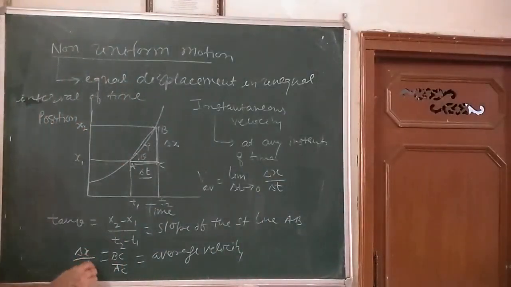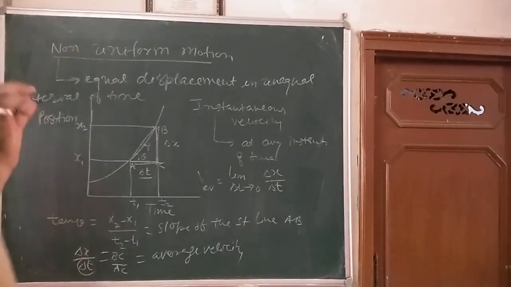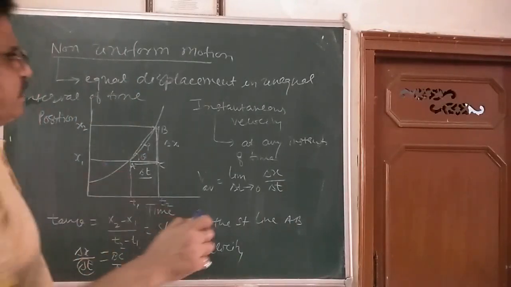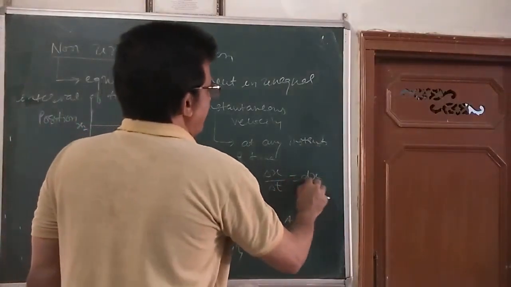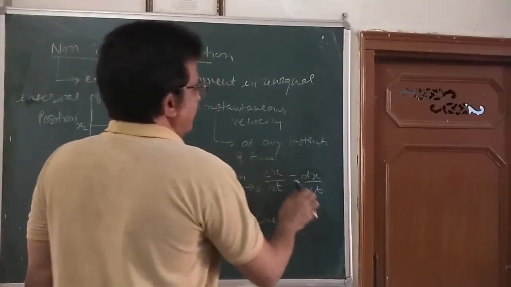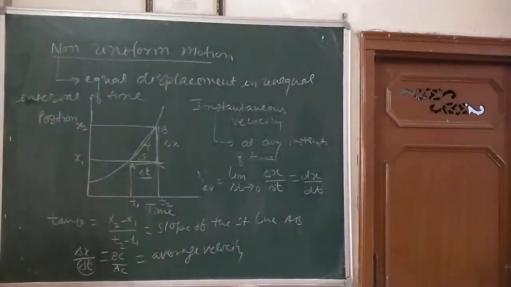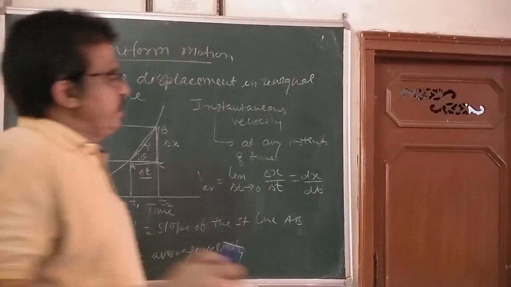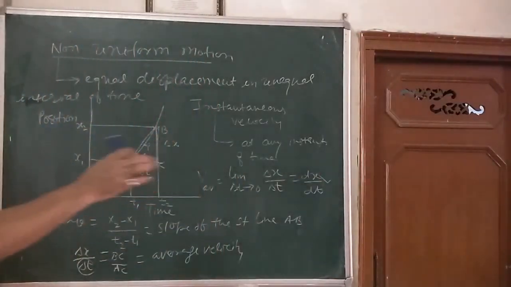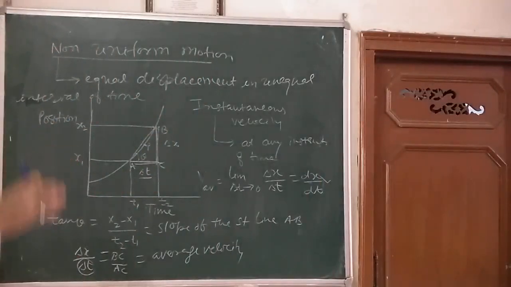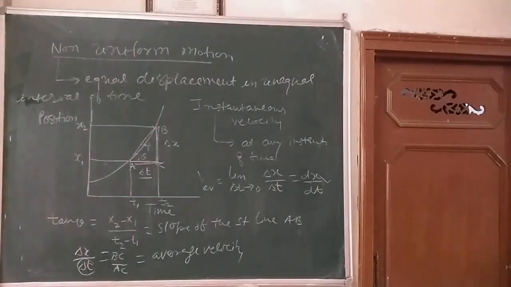Once delta t is not equal to 0 but tends to 0, it is called perfect differentiation, dx by dt. The rate of change of displacement is called velocity. This is the instantaneous velocity. Is it clear?